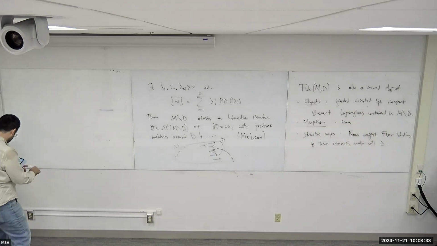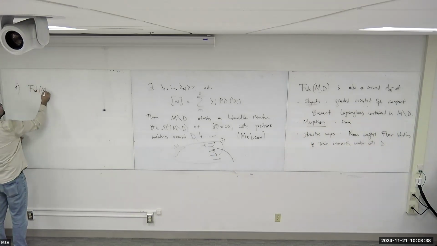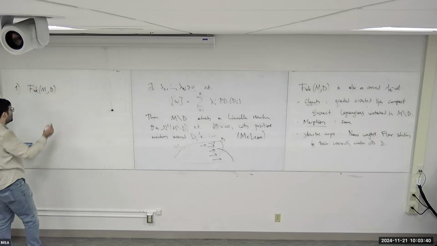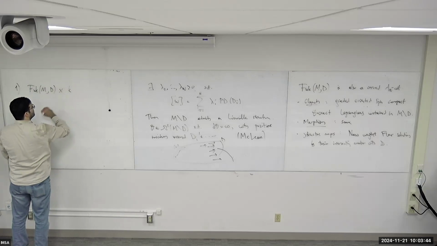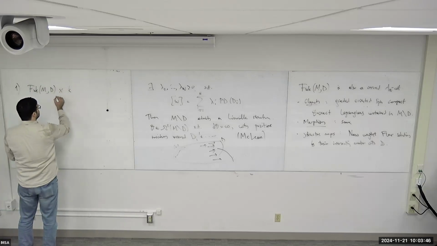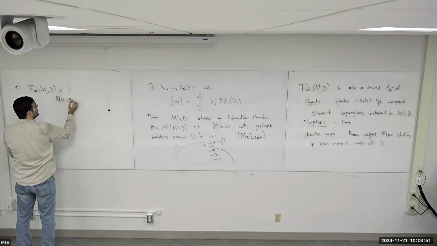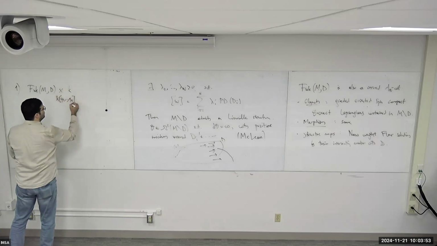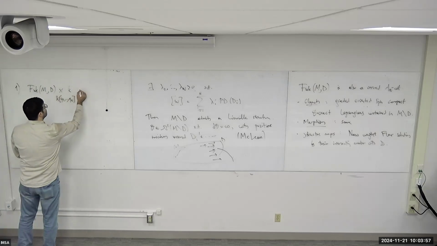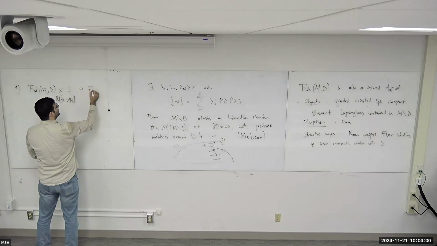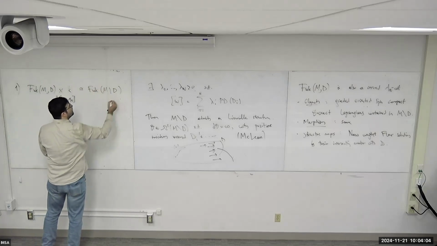So I'll make two statements. One is that consider this Fuk(M, D) tensor with K, over this K, Q1 through Qn. So I'm just setting all of these variables to 0. This thing is just the compact Fukaya category of the complement.